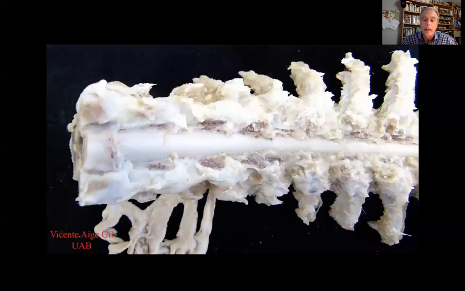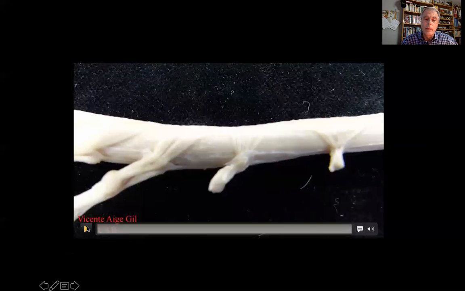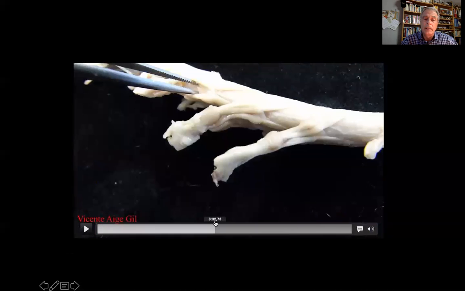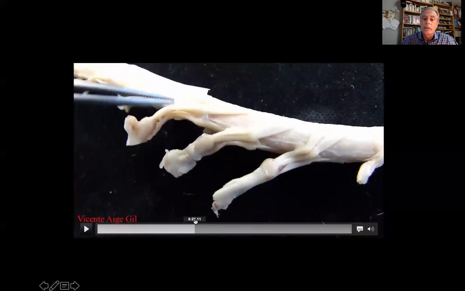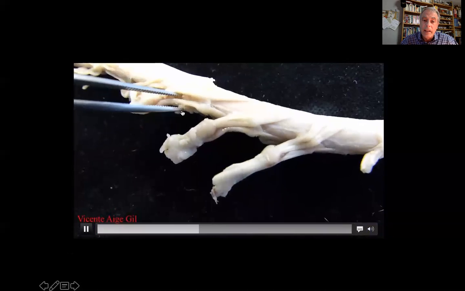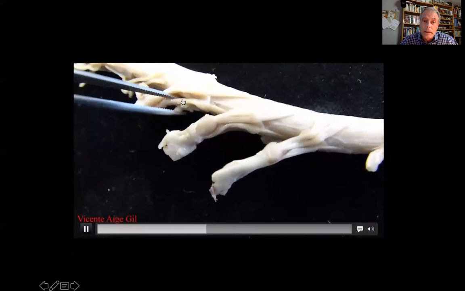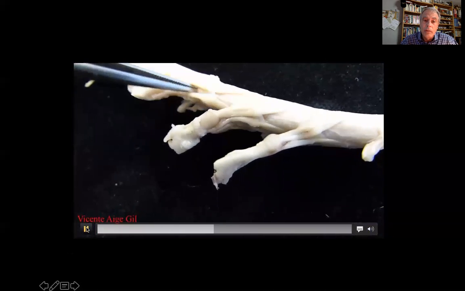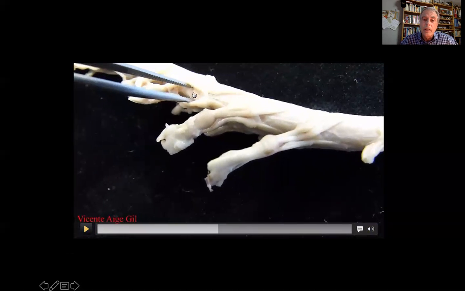In this case, we are at the level of the brachial plexus. And as you see, I am putting the forceps in between the dorsal and the ventral root. So this is to show you that here there is a single sleeve for the dorsal and a single sleeve for the ventral root.